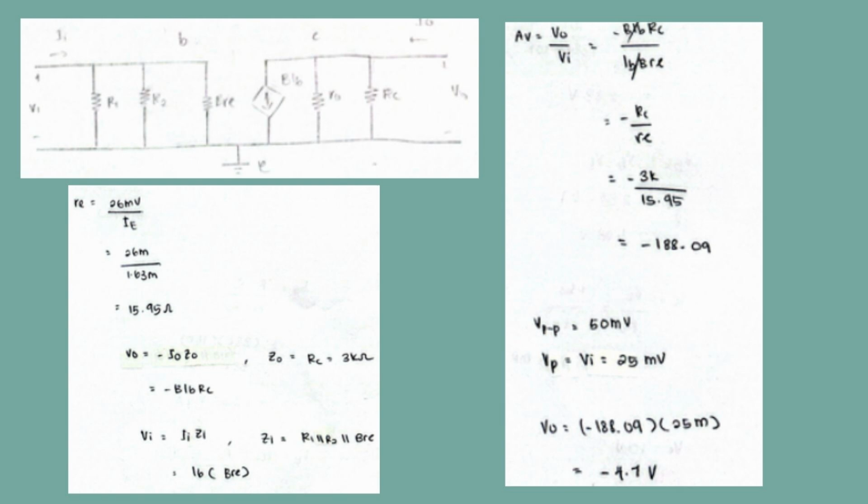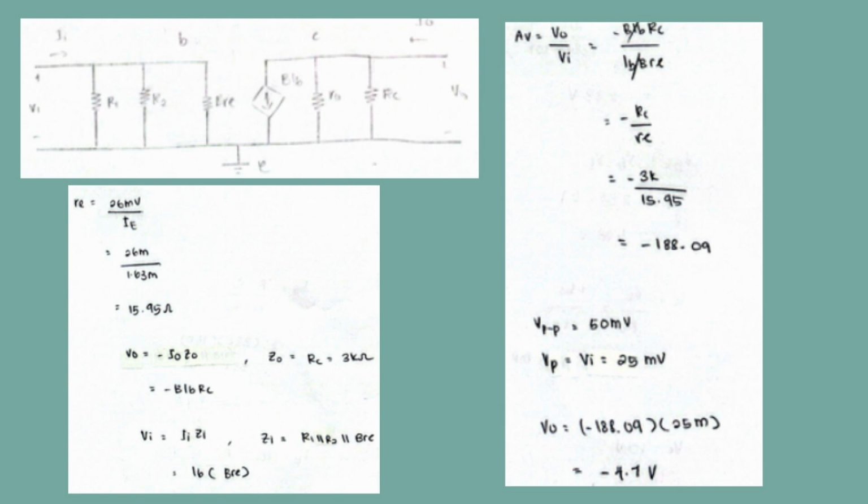V in, if you look at the drawing, V in is equal to I in Z in. Z in we can get by paralleling R1, R2 and beta RE. Therefore, the equation for V in is IB multiplied by beta RE.